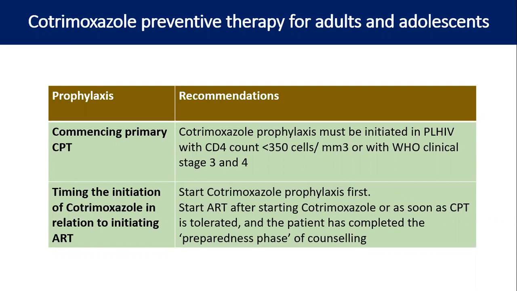So first we start cotrimoxazole, and then if there is PCP, we can start the treatment of PCP. Thereafter, we start secondary prophylaxis, and ART is to be started after cotrimoxazole prophylaxis.